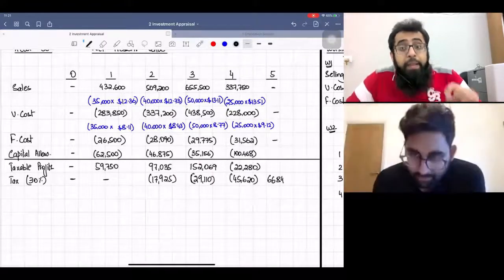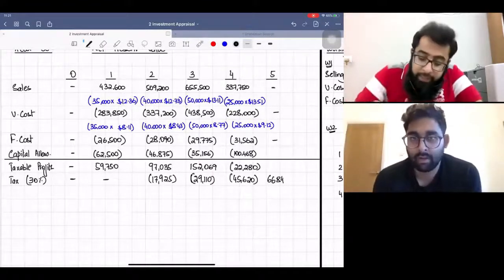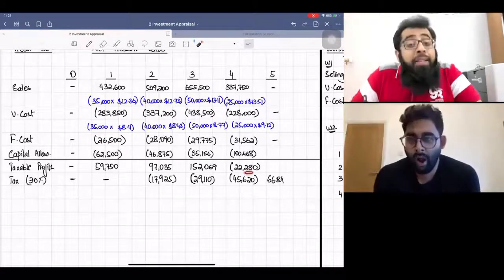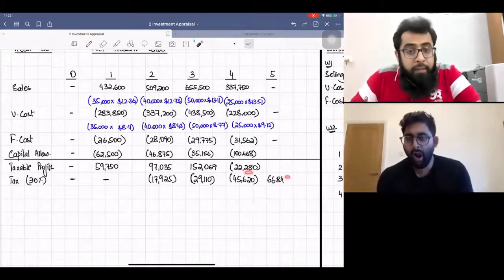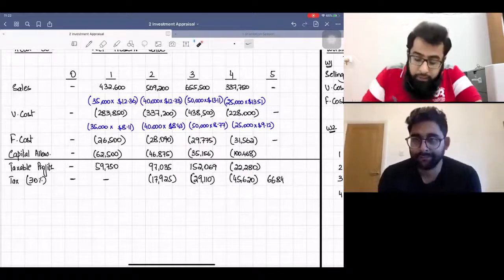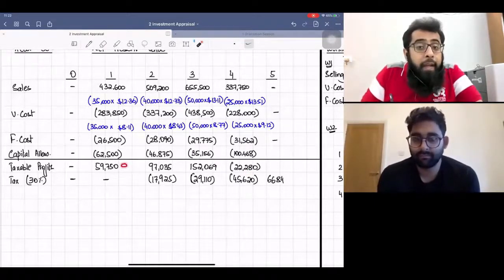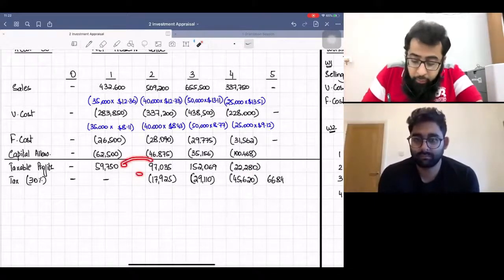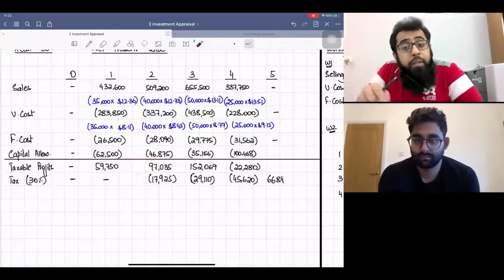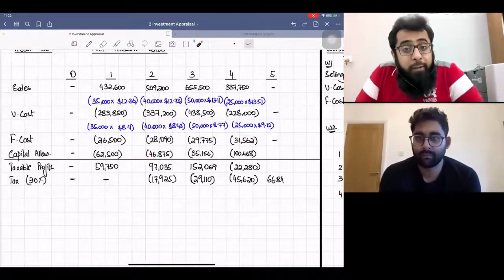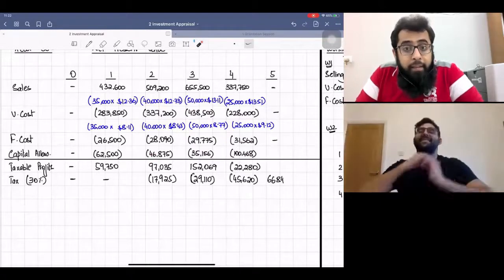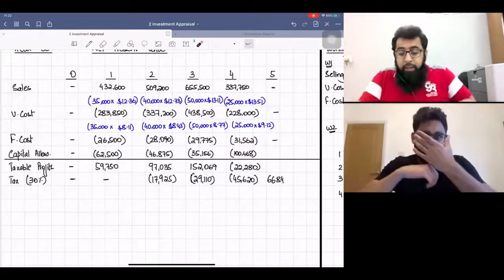Now this is one more thing which you need to understand. It is a loss in the last year, so I took a refund. If it would have been a loss in the first year, I would not have taken a refund. Rather, I would have carried forward the loss and offset it against the second year profits. So that is very important.